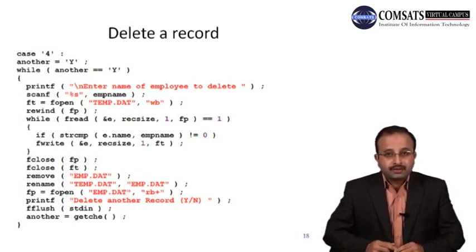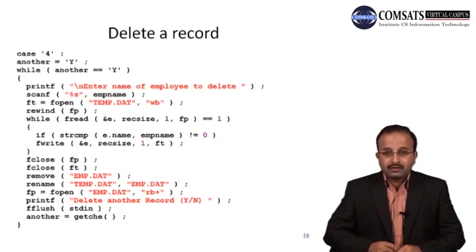So the file pointer points to the beginning of the file, and you have already created a temporary file. Then you start reading the first record and compare the name of that record. If the name is not the same as the name input by the user, you write that record in the temporary file, and you write all the records except the record whose name is the same as input by the user.